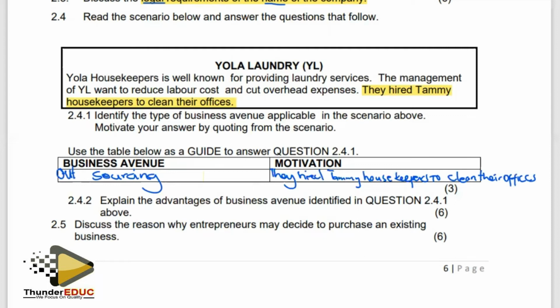We are supposed to explain the advantages of the business venture identified in 2.4.1, and the advantages are of outsourcing.